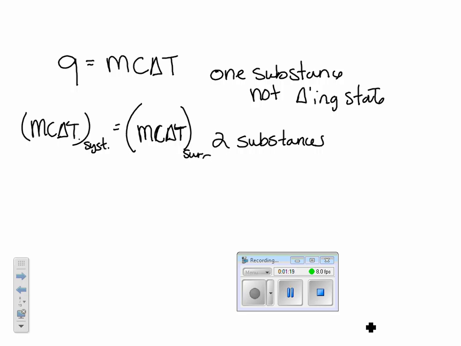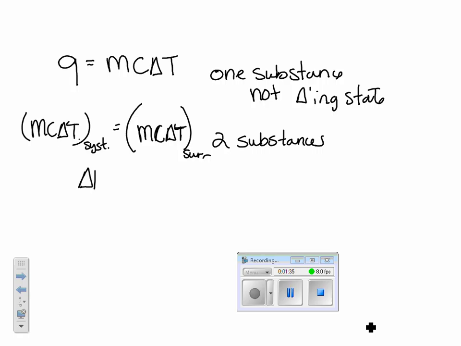So we can measure what's happening to the surroundings, and we can apply that to the system. Now remember, the key words here is if we have two substances, and if you see the word in a calorimeter. And then you have heat of phase change.